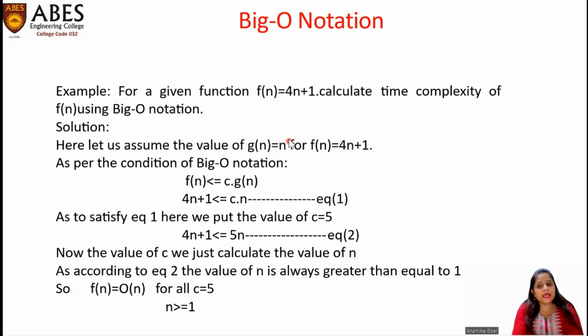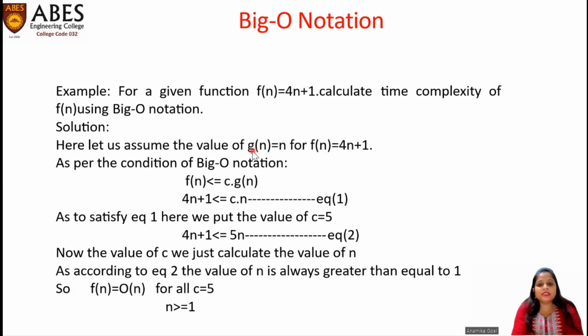Why did we choose n here? Because the value of g of n depends on the value of f of n. The highest degree term of f of n will be considered as g of n. For example, if f of n is equal to 4n square plus n, then the highest degree term is n square.